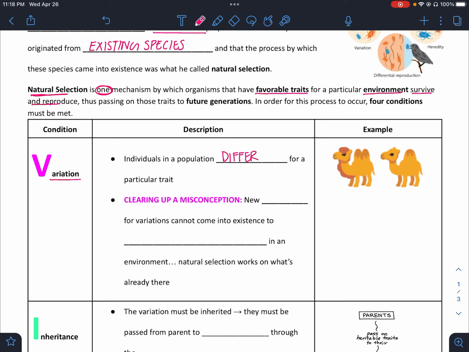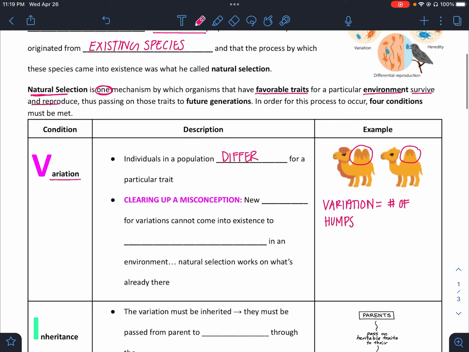If we look at our example right here, we see phenotypic variation. We have a camel with two humps and a camel with one hump. The variation that we see in this population is the number of humps that camel has.